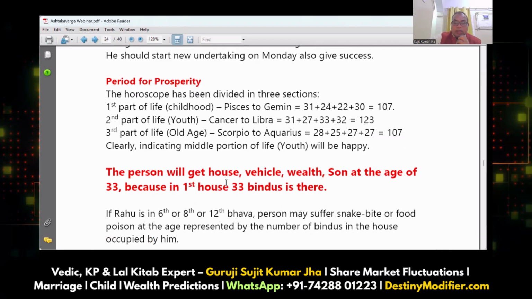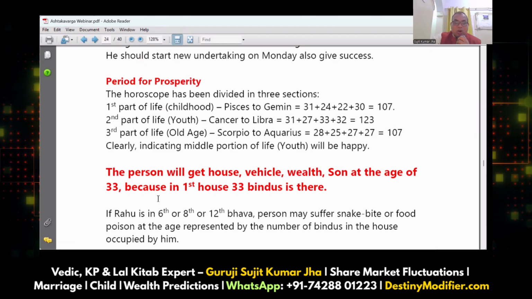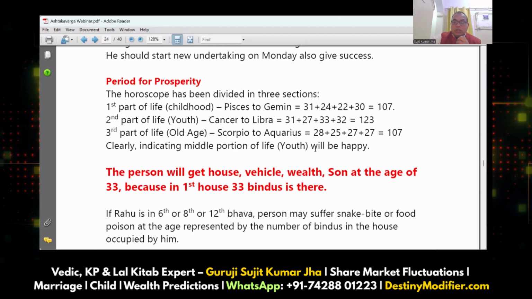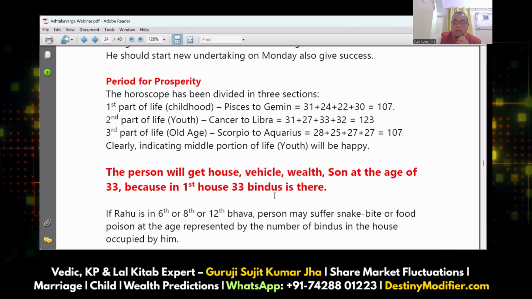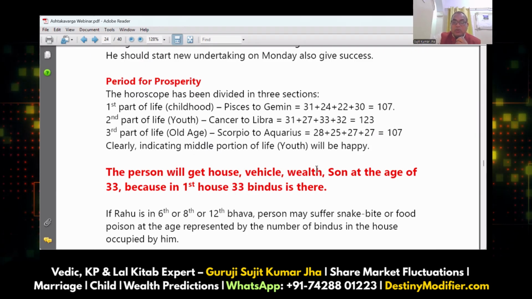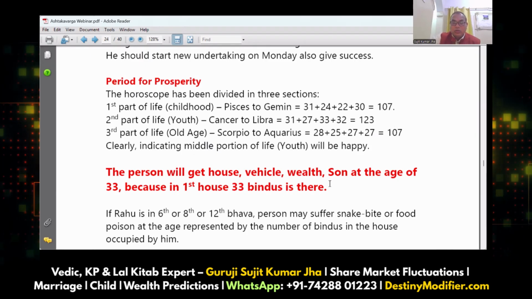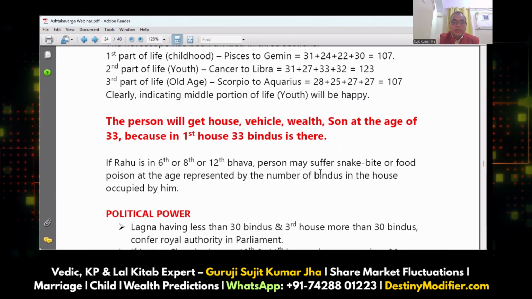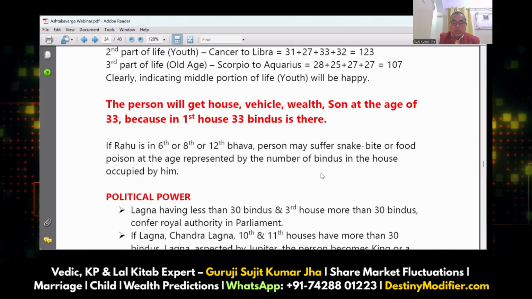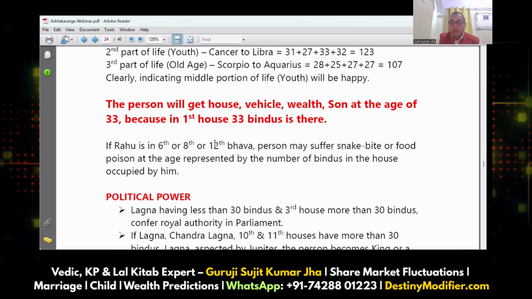So the person will get a house, vehicle, and wealth at the age of 33. Why? Because in Lagna, the first house, the Ashtakavarga bindu given is 33. So at 33 years he will get vehicles and the house. Like that we can give the prediction. Suppose Rahu is placed in the 6th, 8th, or 12th house.